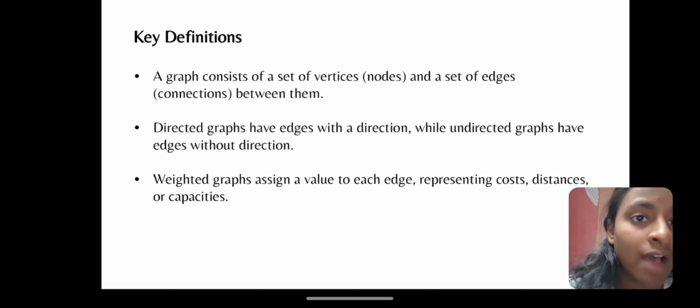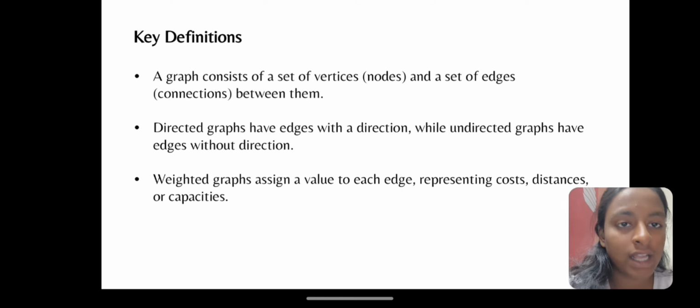Graphs are of different types, a few of which are directed graphs, undirected graphs, and weighted graphs. Directed graphs have edges with direction. Undirected graphs have edges without direction. Weighted graphs assign a value to each edge, representing cost, distances, and capacities.